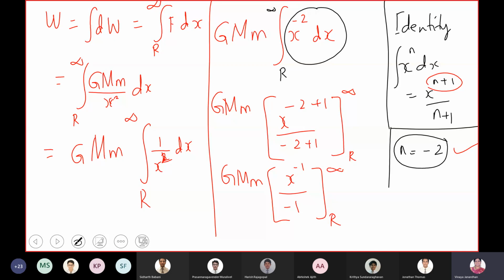Copy down first, then I'll have to erase the screen. Identity, put a right column and do. Is there anyone who is having a doubt, boss? 11b. Danish. Danish.